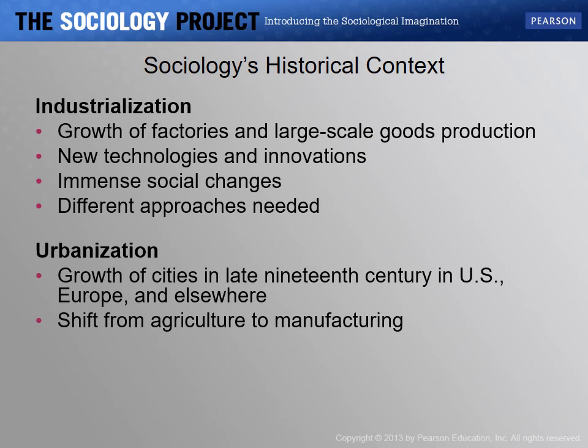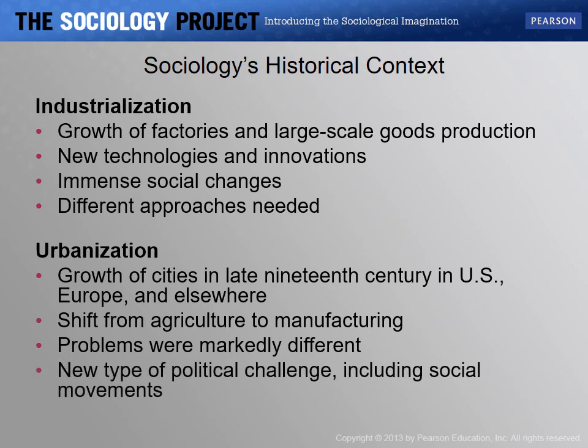Does it even exist anymore? Or is agribusiness the way of the world today? And of course, the problems that come from urbanization are far different than they were when society was much smaller. There's new types of political change and, of course, social movements.